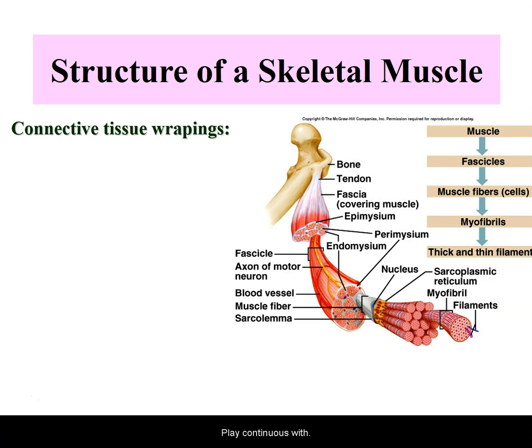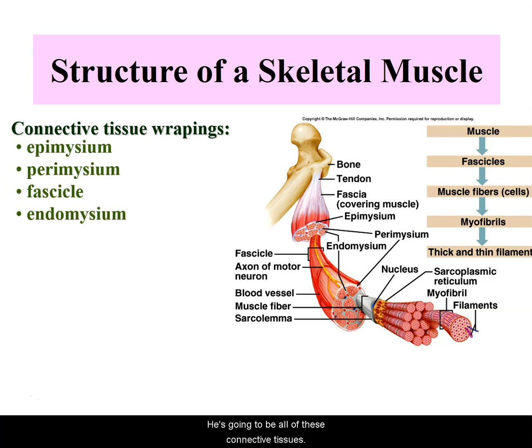Continuous with the tendon are all of these connective tissues. The outermost is epimysium, and there's that root word mys in these words: epi, upon, peri, around.